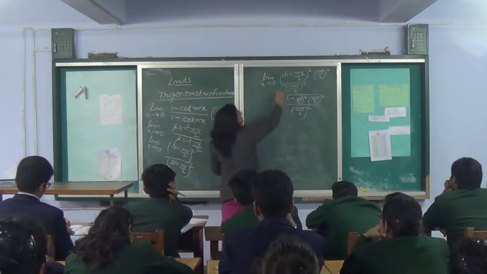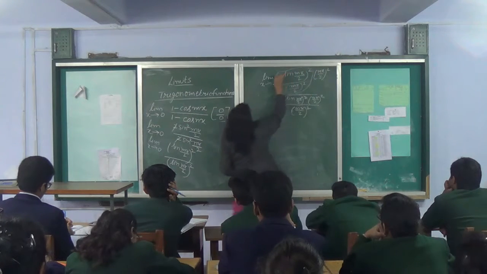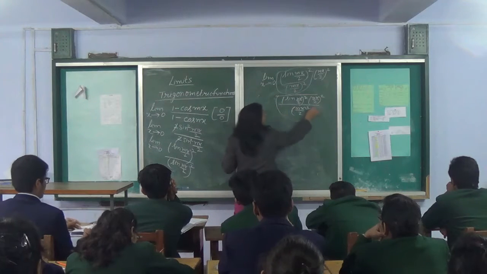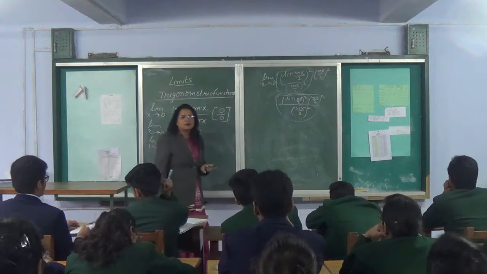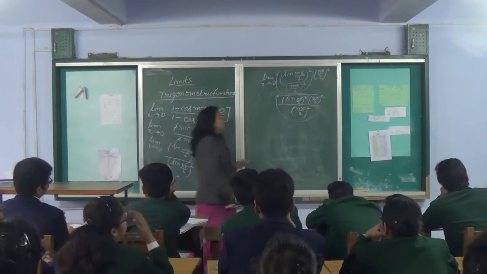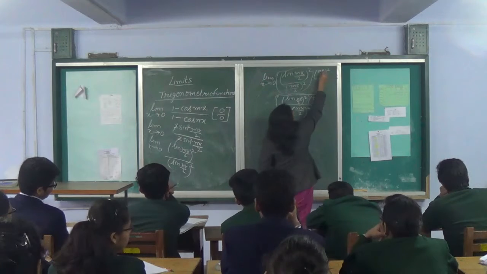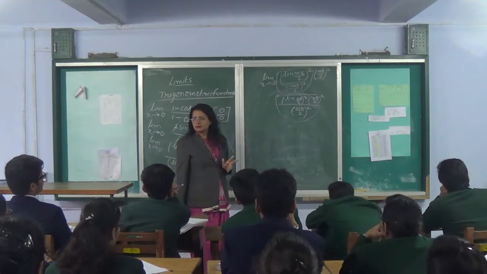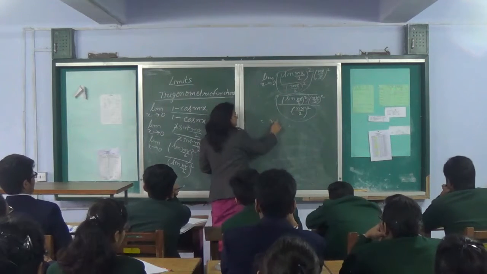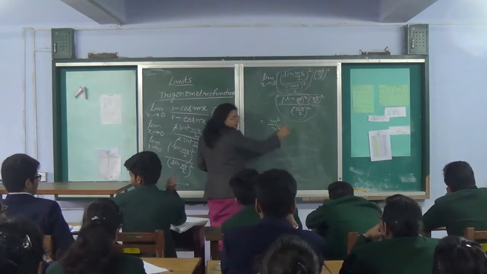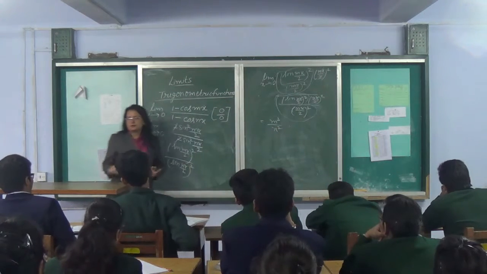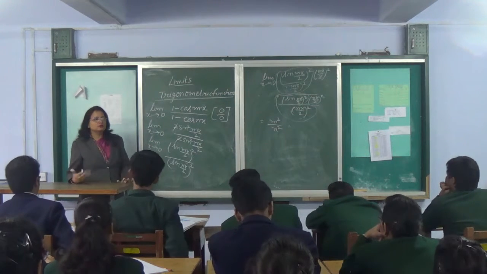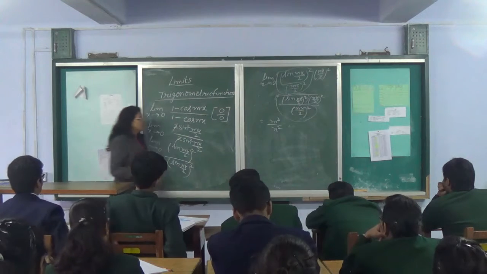What can we write this as? It's 1, if you apply the limit. What about this part? It's again 1. And if you look at this, 2 gets cancelled, this x gets cancelled, and we are left with the scalars only. So the answer is (m/n) whole square. So this is how you can use trigonometric identity and the standard result.